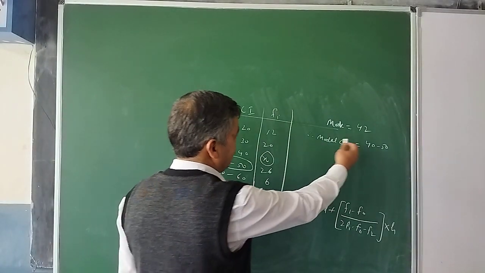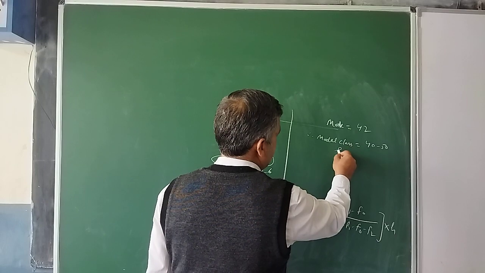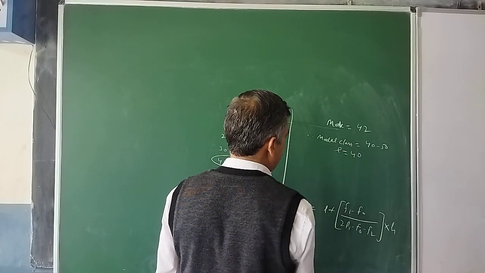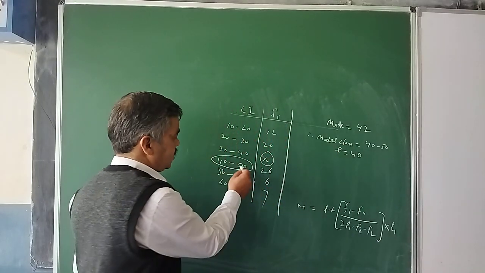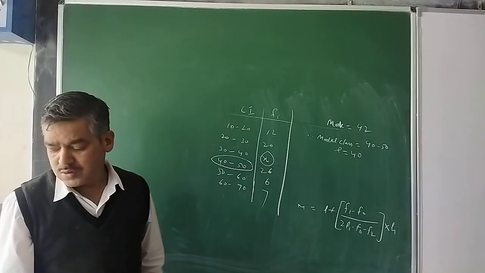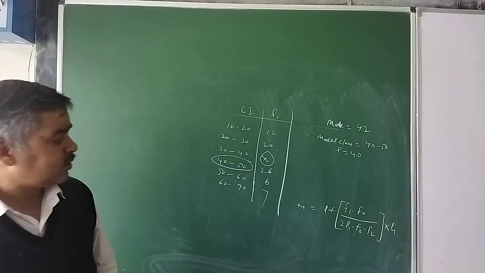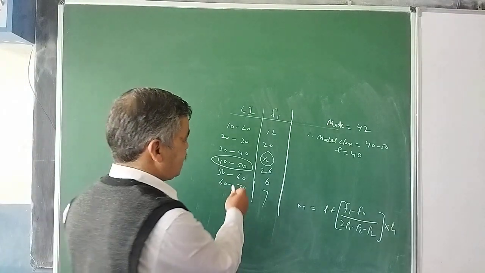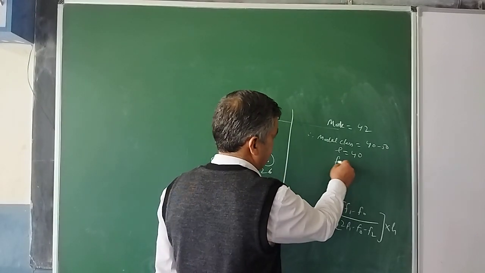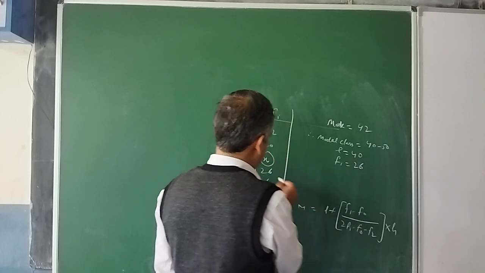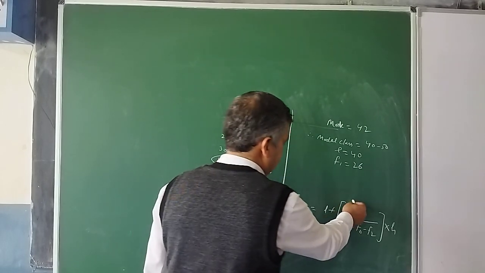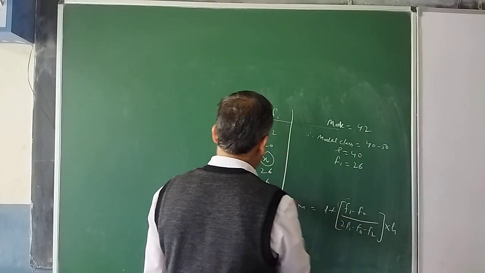On the basis of this model class, the lower limit I can put is 40. F1 will be the frequency of the model class.